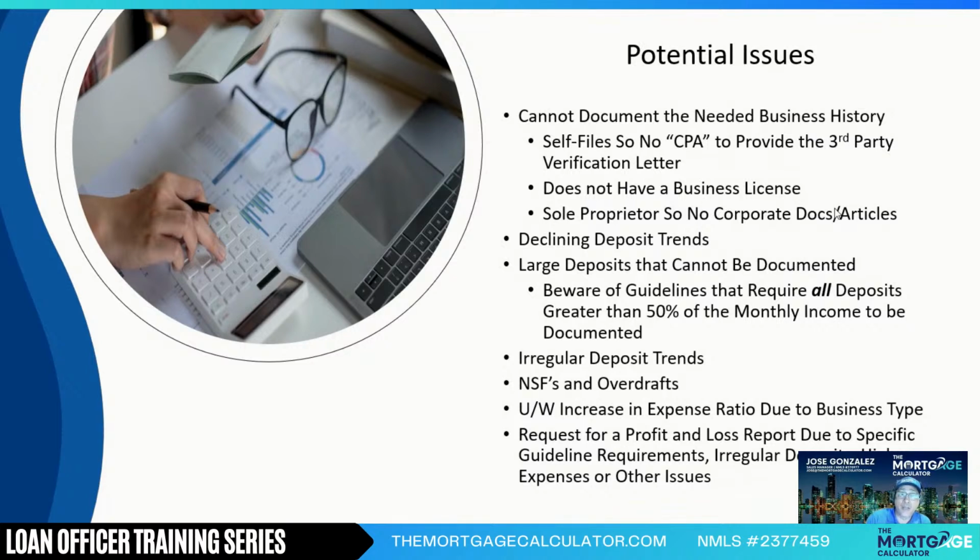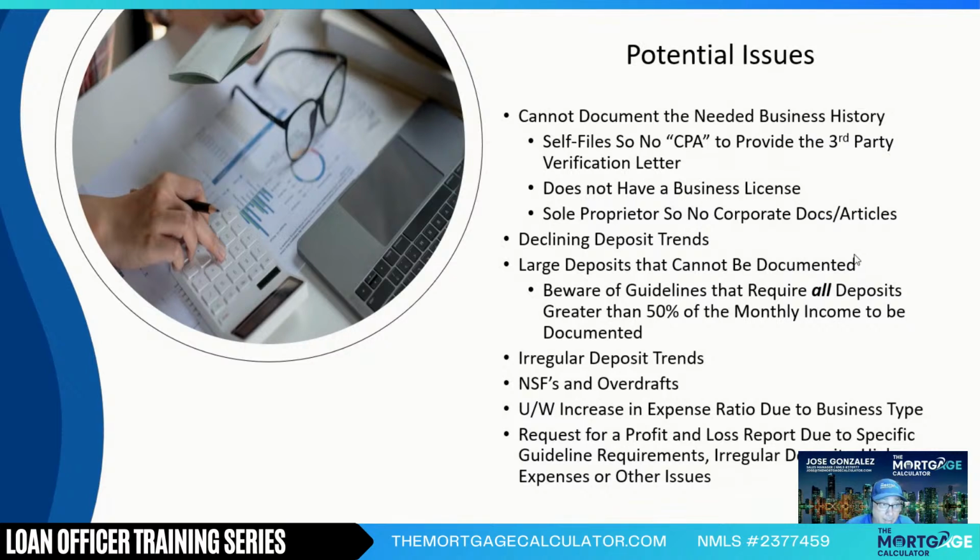Whatever you calculate the monthly income, if it's $30,000 a month, then any deposit of $15,000 or more has to be documented, like a copy of the check to see that it was actually paid by somebody as business income, or a copy of a contract to show what it was, whatever you can provide to document that it was business related income. And again, the P&L program can resolve that.